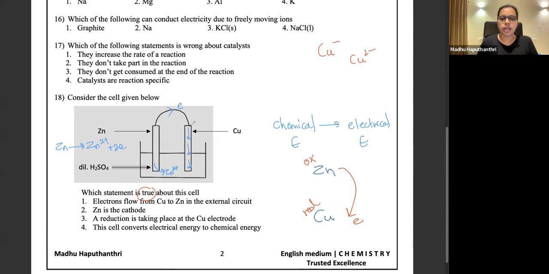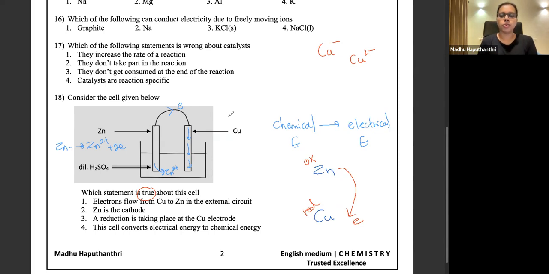So understand, at the copper rod, a reduction is happening. That doesn't mean copper is reduced, because a metal going from the elemental form to an anionic form, a reduction, does not happen.